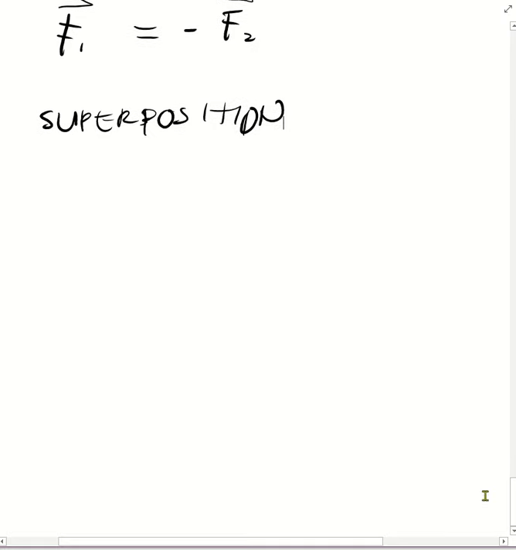If we have, for example, more than 3 or 4 charges, say positive Q1, negative Q2, positive Q3, and negative Q4, and I want to determine the force experienced by Q1, what we do using superposition is remove all the other charges except one.